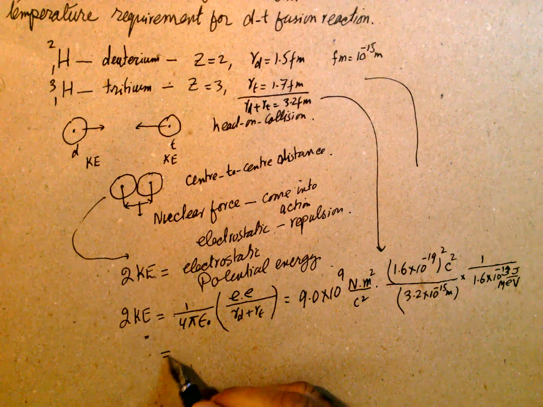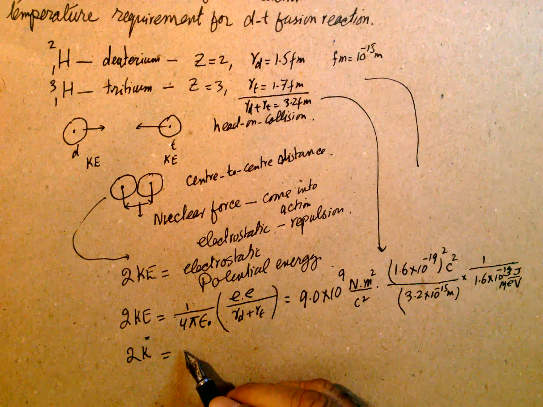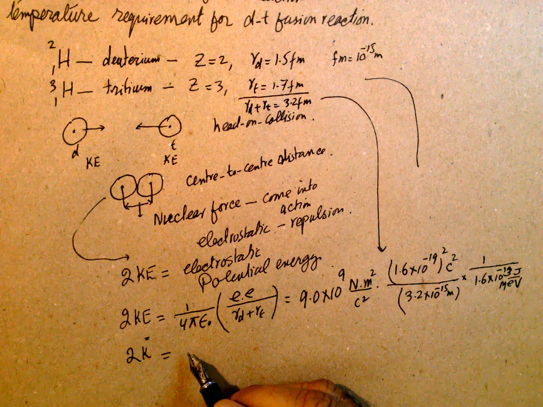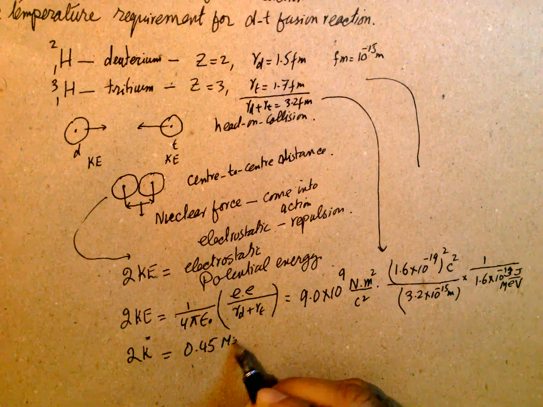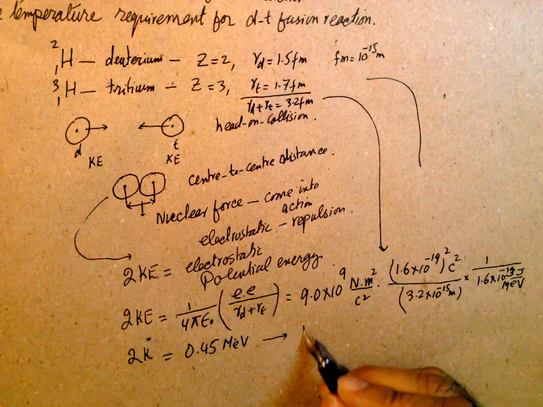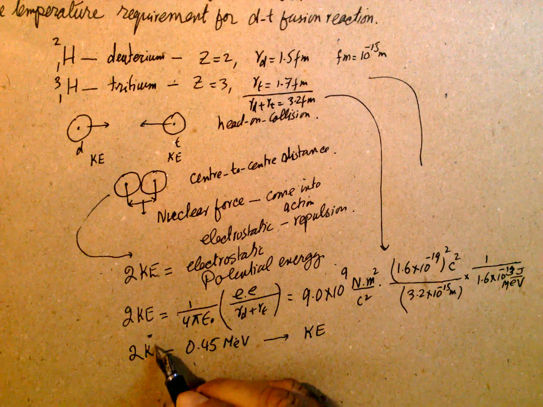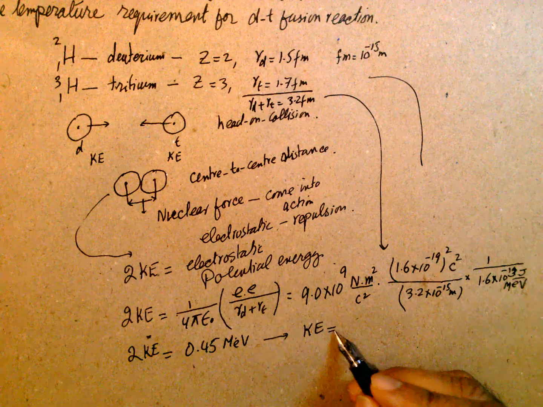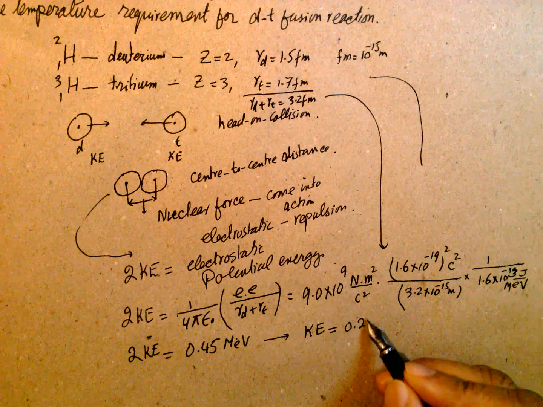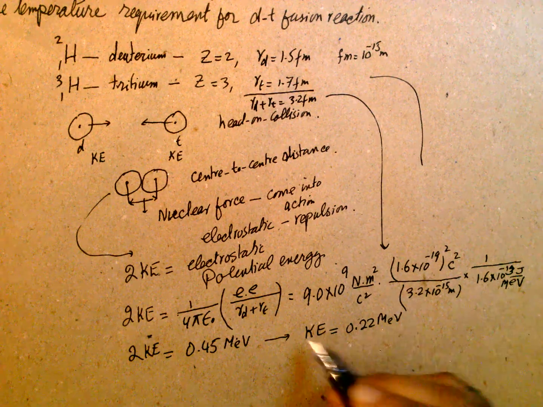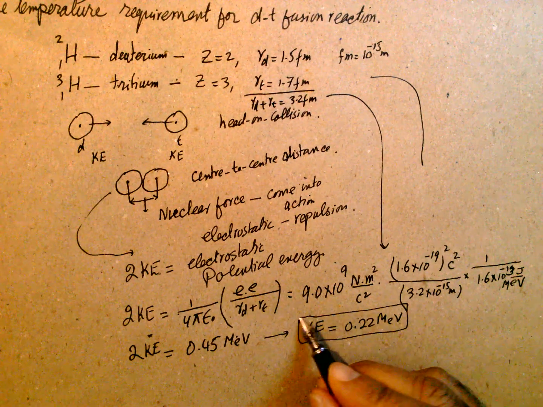So this will be equal to 2 kinetic energy, which is equal to 0.45 million electron volts. That means the kinetic energy is equal to 2 Ke. Kinetic energy of the single particle should be equal to 0.22 million electron volt. So this is this one.